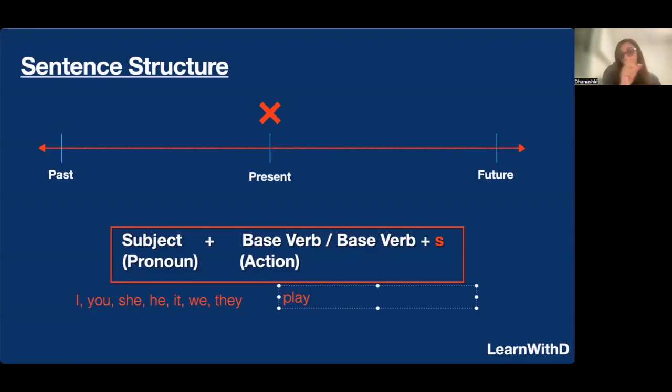For certain pronouns, we just use the base verb, which is play. And for certain pronouns, we have to add an S, like this: plays. I'm going to explain in the next slide for which pronouns we use the base form and for which we add the S. Let's continue to the next slide.